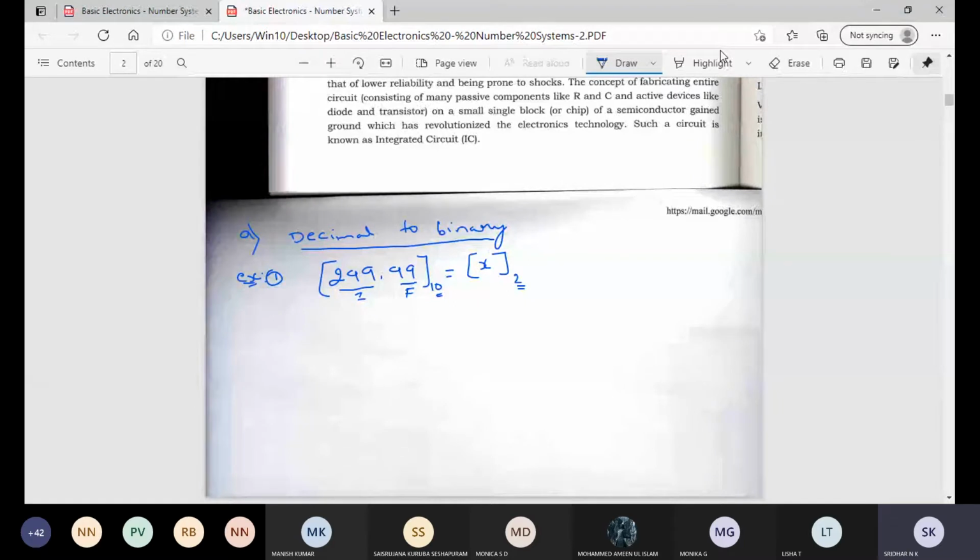Okay, now I'll take the integer part. Here, what is the integer part? It is 299, correct? So I'll do successive division. Remember, for integer part, it is successive division.